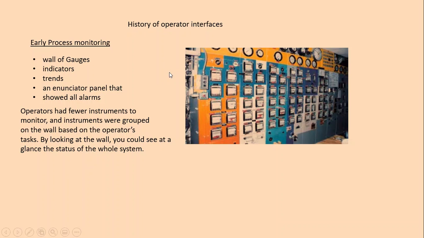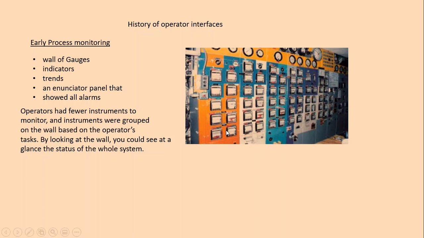Previously, when factory and plant processes became complex, before the computer came into the market, factories used this kind of monitoring system with panels, a series of gauges, indicators, and trends, and some light bulbs to display the alarm.